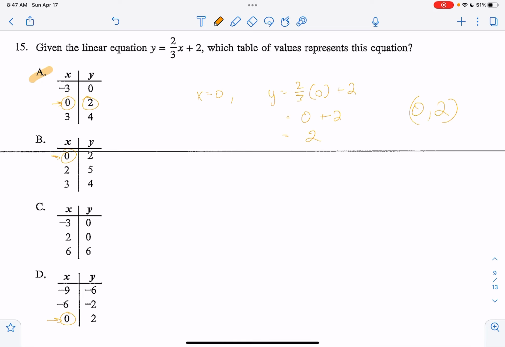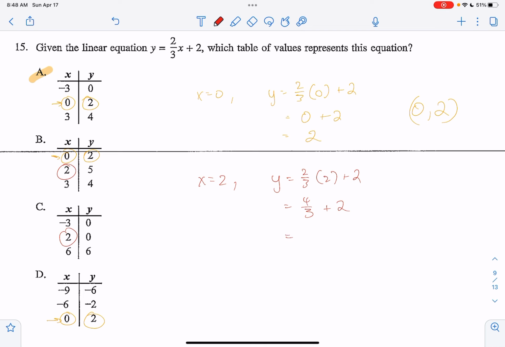You see that for A, B, and D. So that's not helpful here. The next number that you can try is 2. You'll see some 2's in here and here. So y will be equal to 2/3 times 2 plus 2, or 4/3 plus 2.